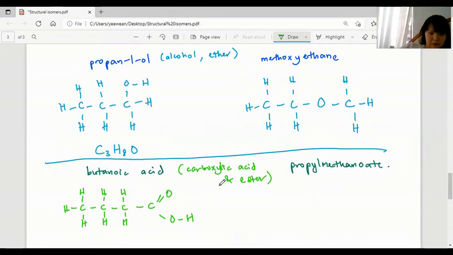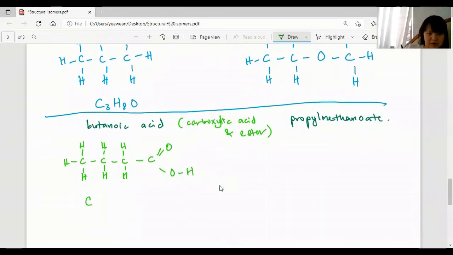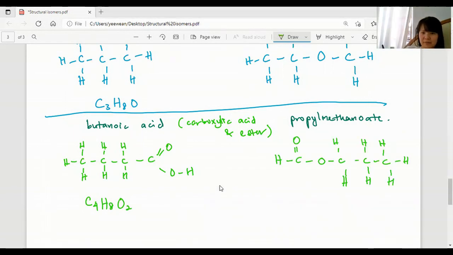That's C4, 1, 2, 3, 4, 5, 6, 7, and 8, H8, and O2. Let's draw propyl methanoate. This is propyl methanoate, and it's an ester. It's a functional group isomer with a carboxylic acid, which is this butanoic acid.